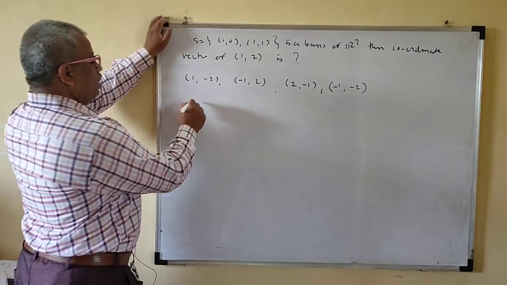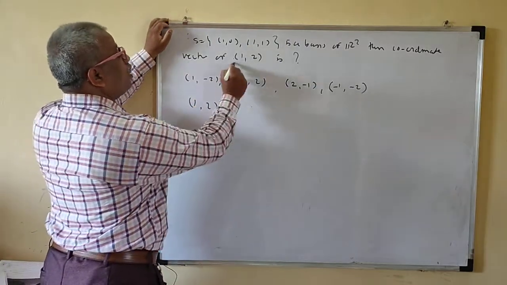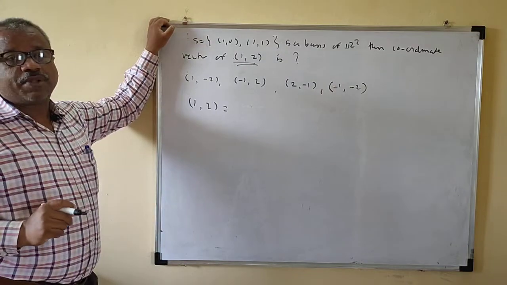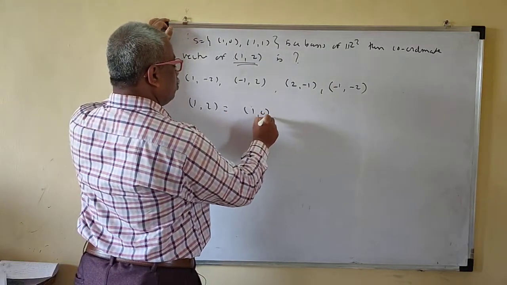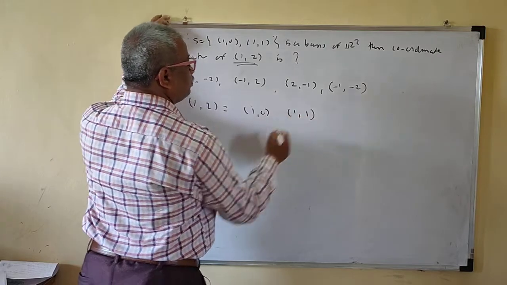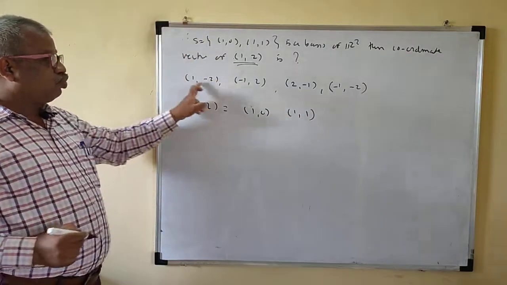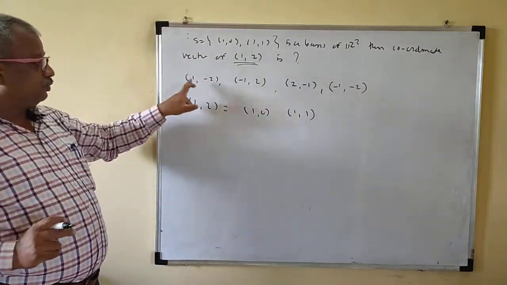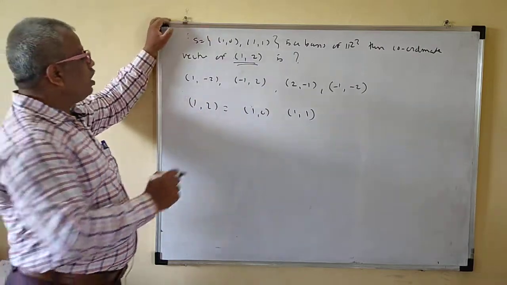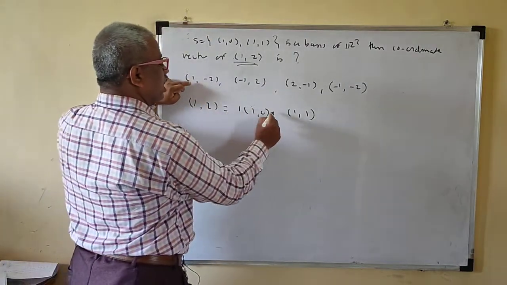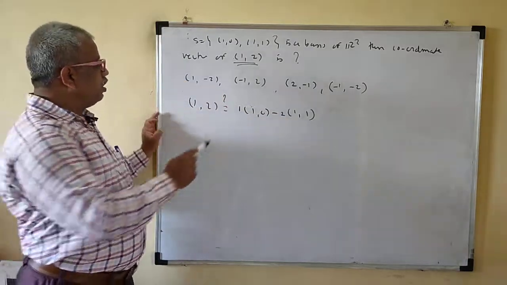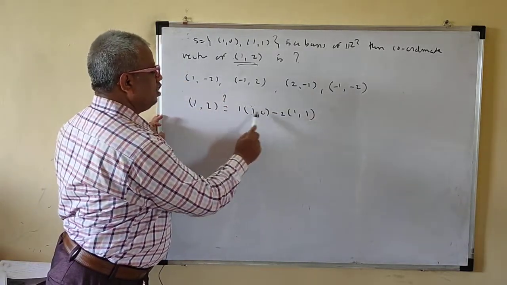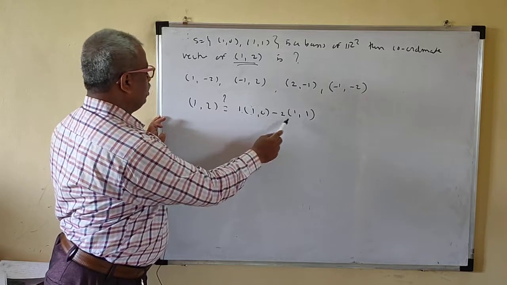So what you have to do? You have to take (1, 2) here and find the coordinate vector of this one. So (1, 2) here, and then you have to take (1, 0) and (1, 1) here, and choose the proper option. Okay, so if I write 1 here and minus 2 here, whether these two are equal: this is (1, 1), 1 minus 2 is minus 1.